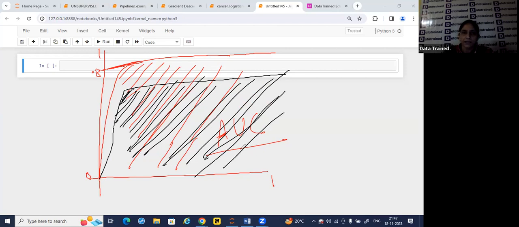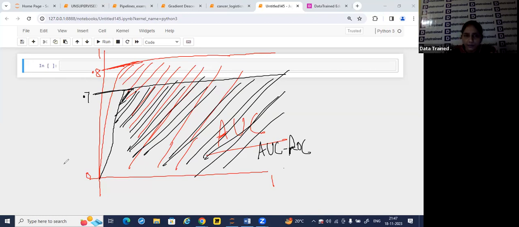You can see the black lines. So here the area covered is less. So this one is the AUC ROC. It means the area under the curve is less, so my accuracy is 0.7. 0.7 is 70%.